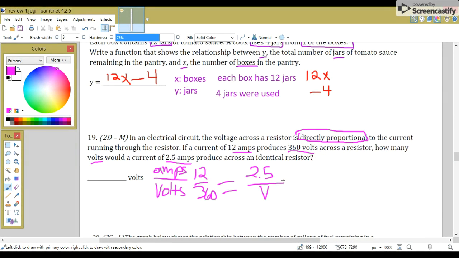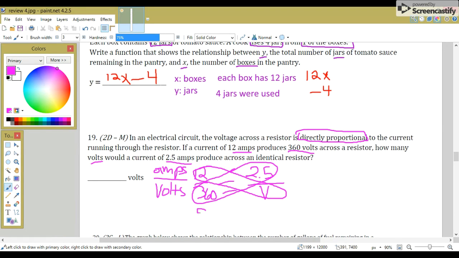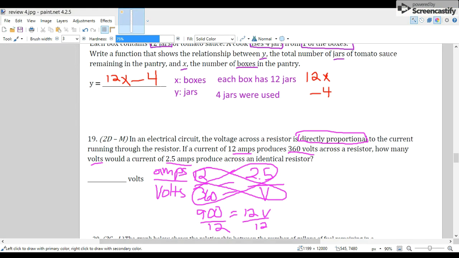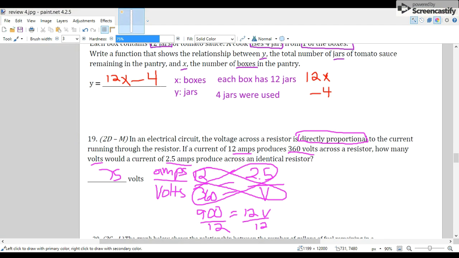Let's call it V. So we're going to cross multiply and divide by 12. So we have 900 equals 12V. Divide each term by 12. And then we get 75. 75 volts.